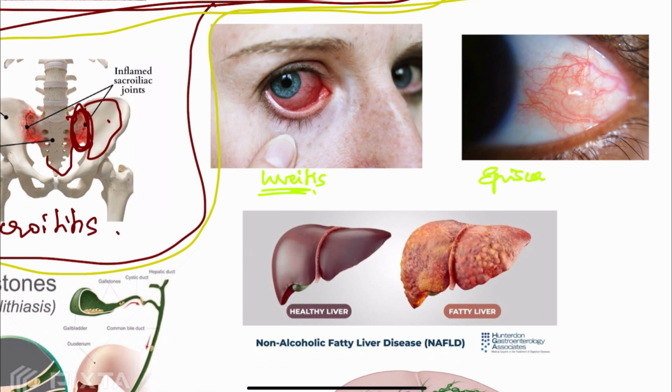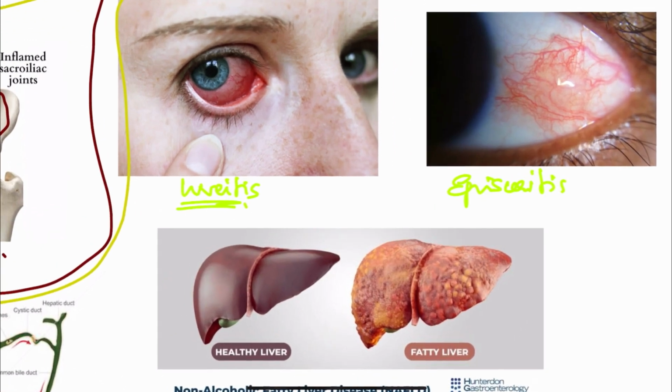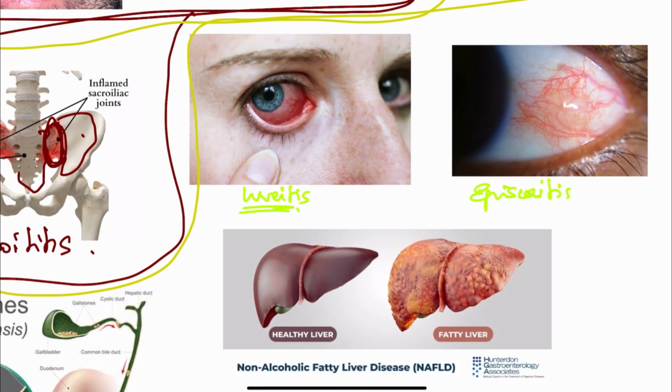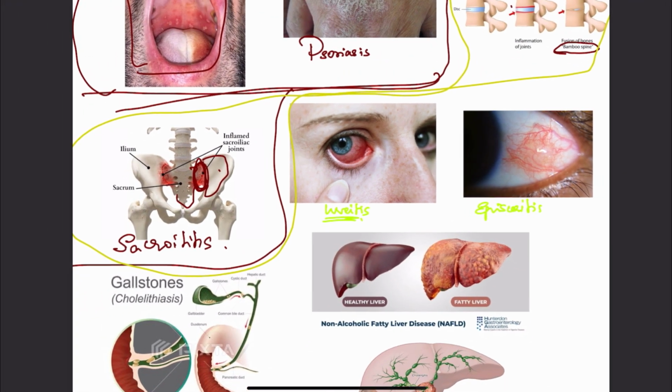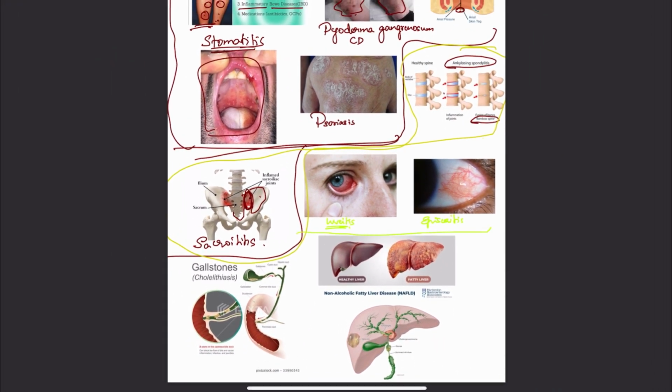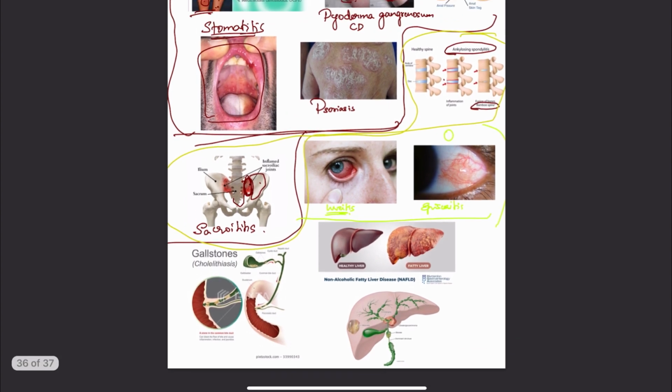It will present in this manner. Episcleritis is the inflammation in between the sclera and the conjunctiva. There's a thin layer between sclera and the conjunctiva. So that will be inflamed. So these are the ocular manifestations.